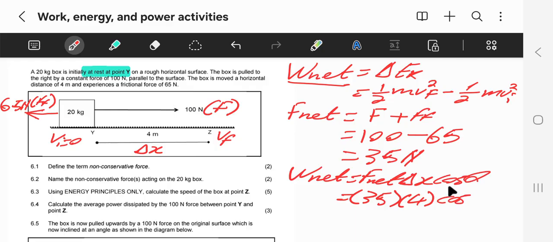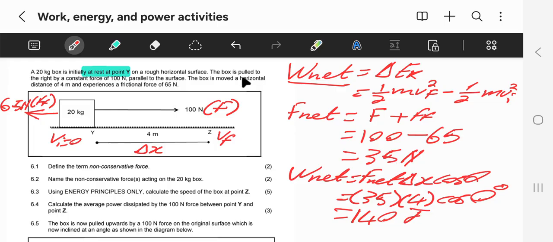My theta in this case is going to be 0 degrees, because we see that our F net is positive. That means it's moving in the direction of motion, and that means our object is moving in the same direction as the displacement. Thus our theta has to be 0. So now when I calculate my W net, this is what I get as my answer. So W net, guys, is going to be 140 joules.